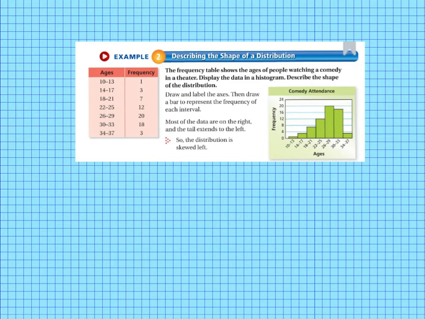In example 2, we are once again describing the shape of a distribution, and this is a histogram, and it says the frequency table shows the ages of people watching a comedy in a theater. Display the data in a histogram. So our first step is to make the histogram, which you have learned how to do, and then describe the shape of the histogram.